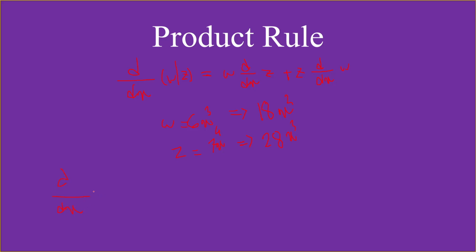Now, using the product rule, d/dx of wz. Here the derivative of w is 18x squared and the derivative of z is 28x cubed.